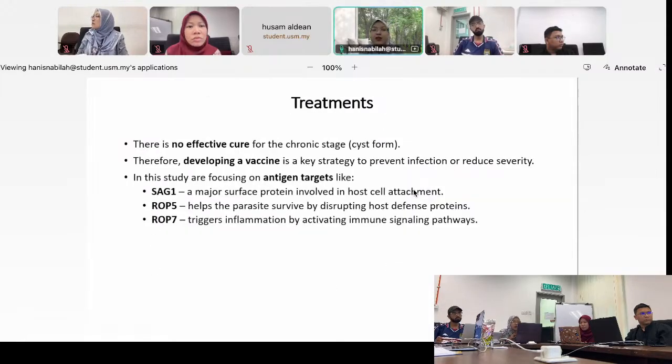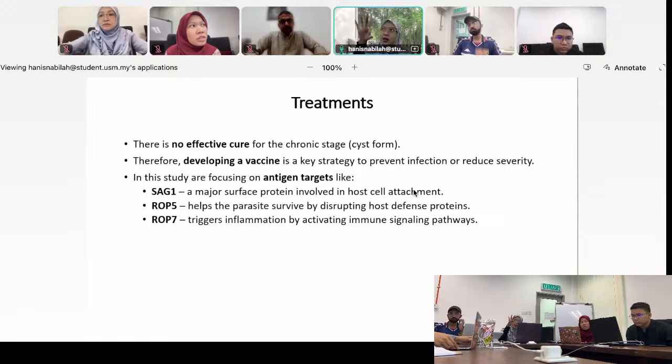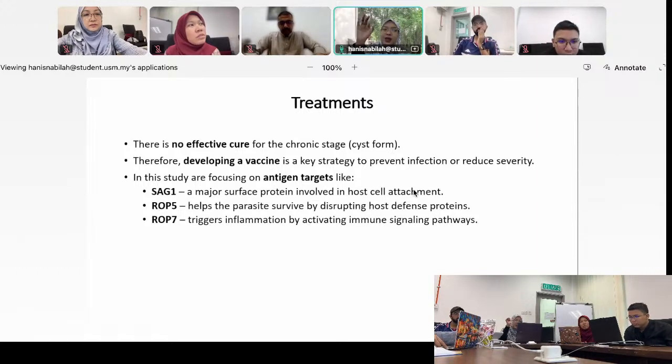So far, for treatment of the parasite, there is no effective cure for the chronic stage, and they are still developing a vaccine for this parasite infection. In this paper, they focus on three antigen targets from Toxoplasma gondii.